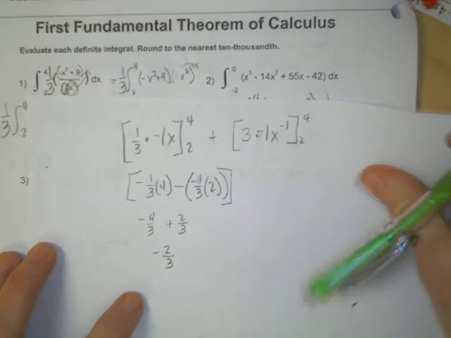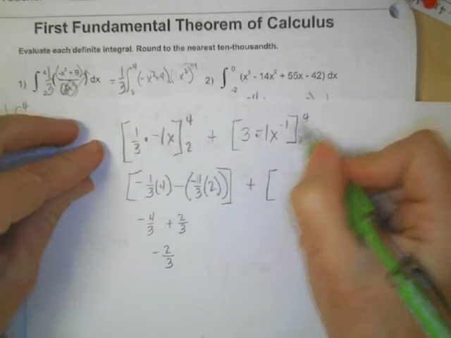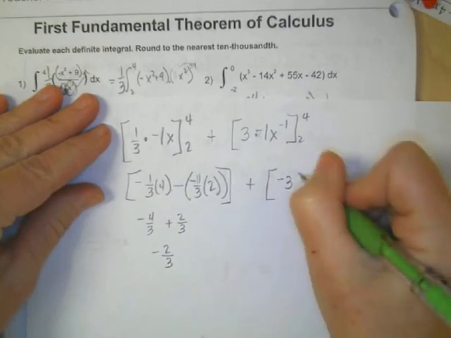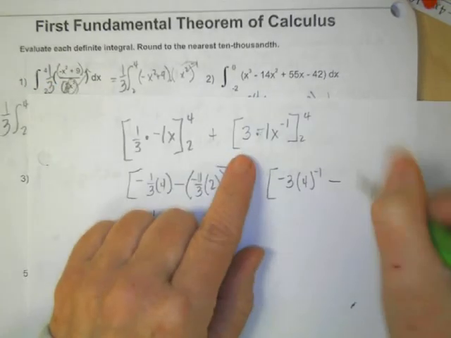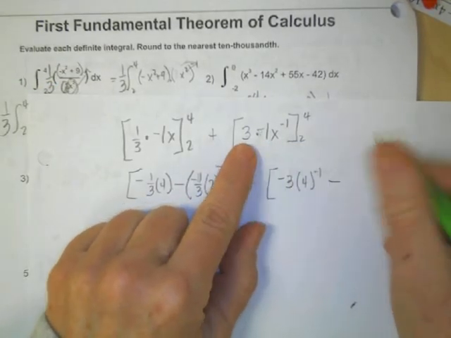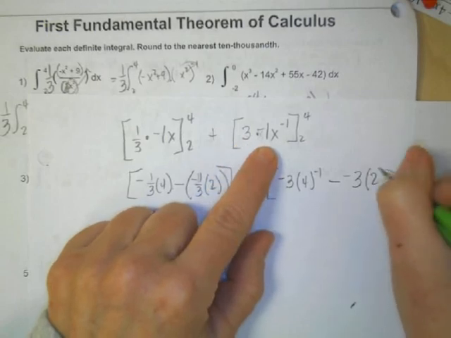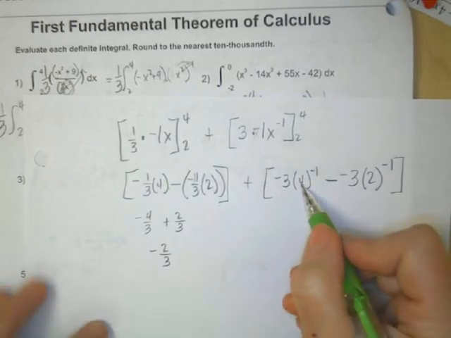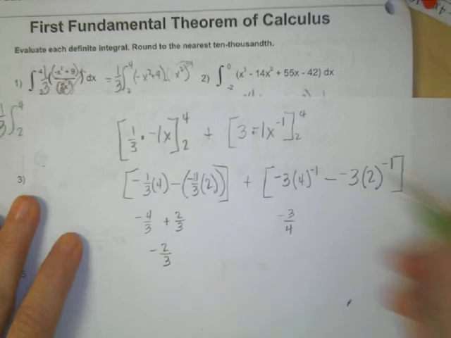And then the second one, I'm going to substitute in 4 for my x. So this is 3 times negative 1 is negative 3 times 4 to the negative 1. And then I'm going to do it again with 2, and I'm going to subtract this. So it's going to be negative 3 times 2 to the negative 1. And now we need to simplify that. This will end up being negative 3 over 4 when I change that to a positive exponent.